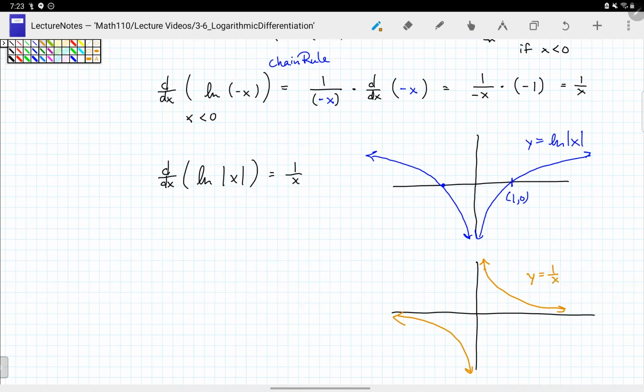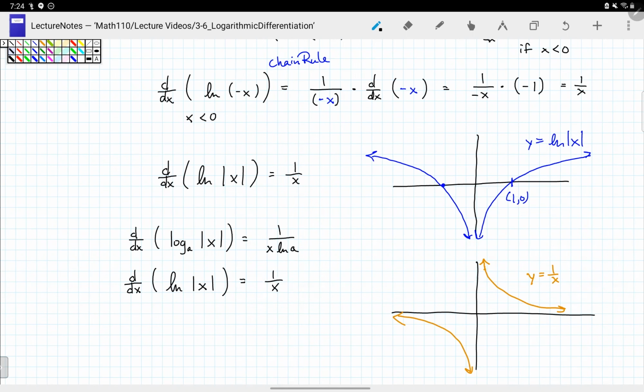And there we go. So things to remember: the derivative of the log base a, and I'm going to say of the absolute value of x, so we can expand the domain of that log function, is going to be 1 over x times the natural log of a. And specifically, if a is e, the derivative of the natural log of the absolute value of x is equal to 1 over x.